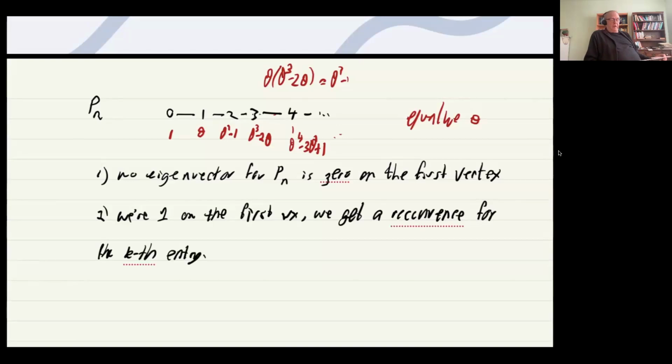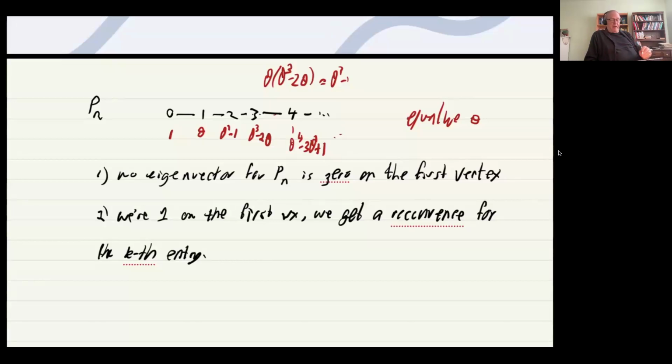So you're getting a sequence of polynomials. In fact, these are versions of the so-called Chebyshev polynomials, which is not important, but they're not just some random sequence of polynomials.